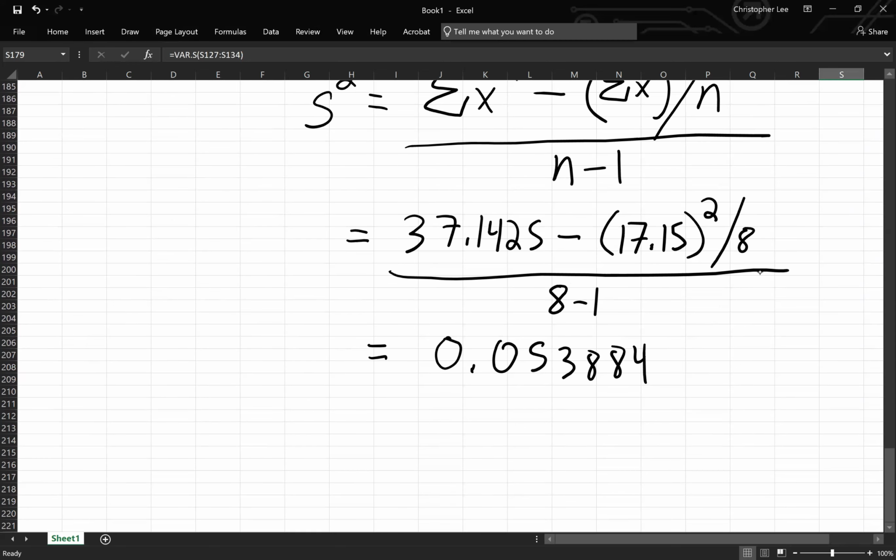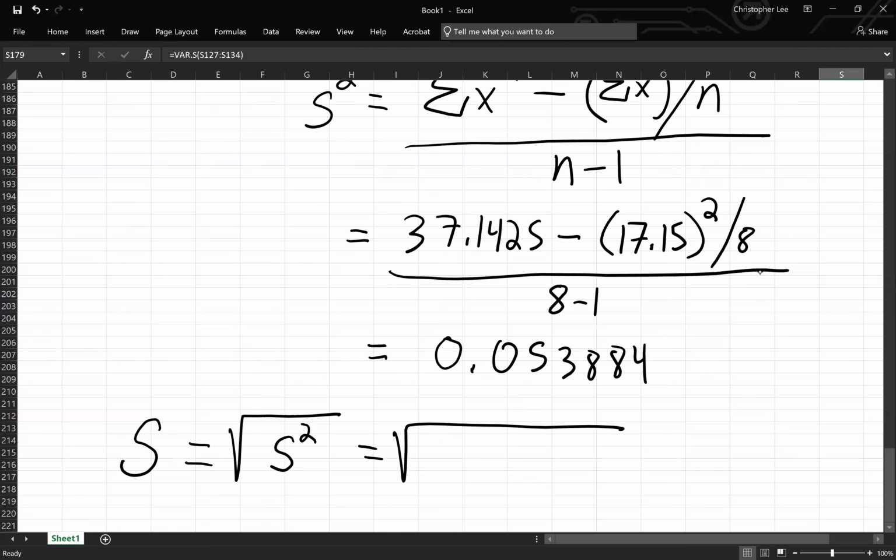And then to get your standard deviation, S, remember that it's always the square root of your variance. So you're going to square root the 0.053884, and that's going to be your standard deviation.